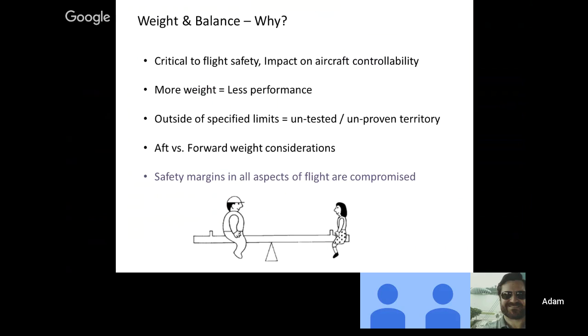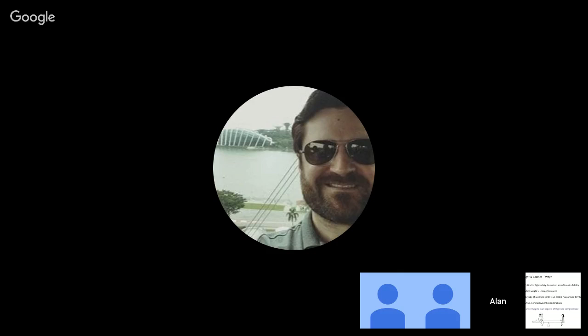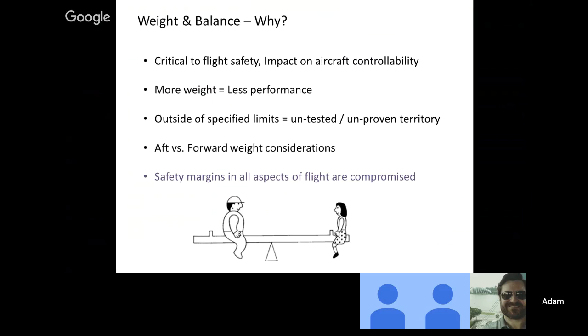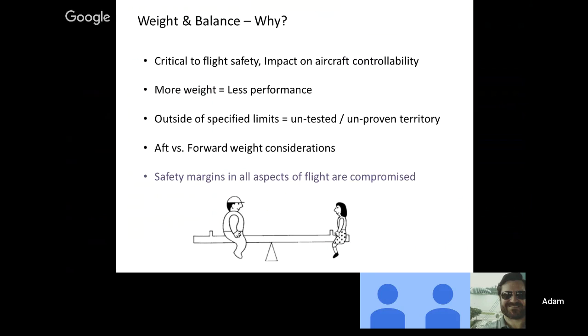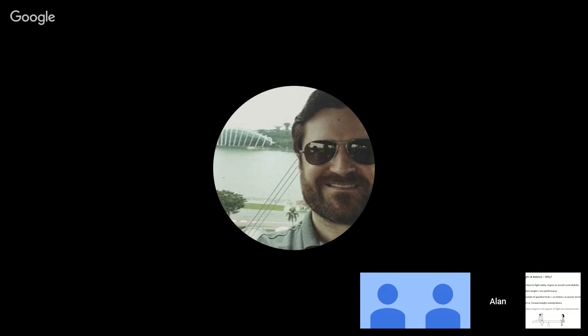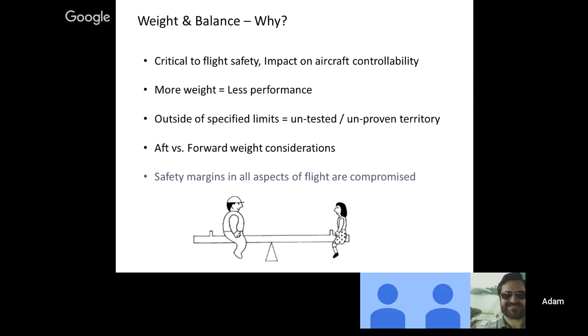However, the way in which you load it, whether you've got one passenger, 4 passengers, a bunch of bags, or just a pilot, it can vary from flight to flight. That'll always change. So for each flight that you do and you do a weight and balance calculation, you will then be able to correlate that to a level of performance you can expect from the aircraft.